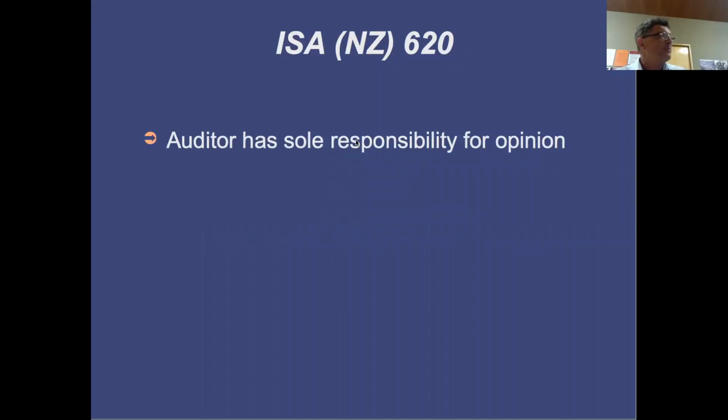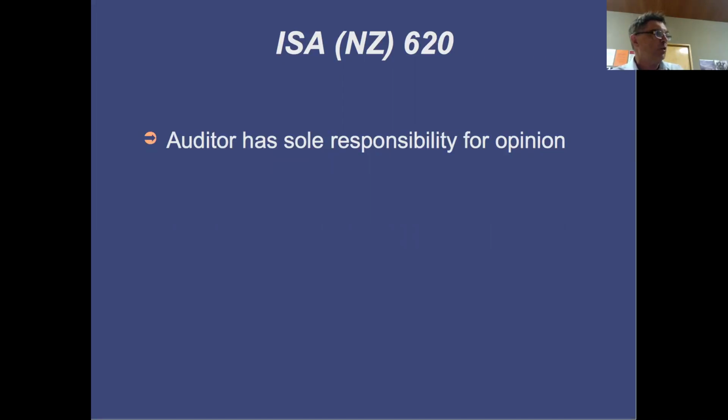Okay, now, auditor's experts, ISA NZ 620. The most important bits are that the auditor has the sole responsibility for the audit opinion. So it's no good saying, well, we employed an expert and they got it wrong, so it's not our fault.